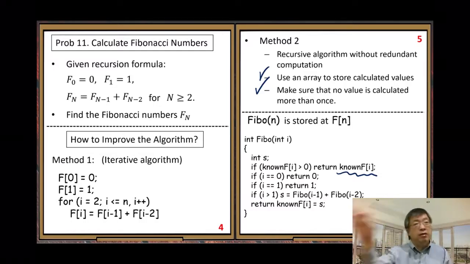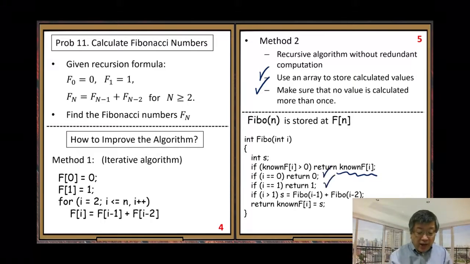Initialization, all 0 values. All 0 values means unknown. All the Fibonacci numbers from 0 through f of n, or n minus 1, whatever, are all unknown. After that, 2 trivial base cases, that's simple.